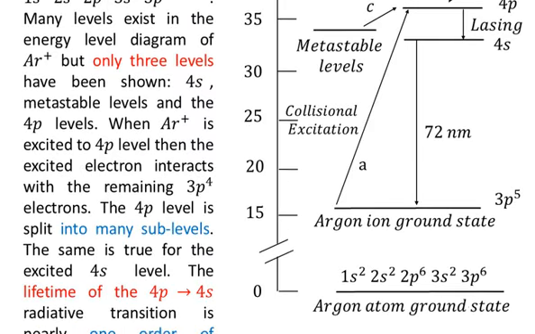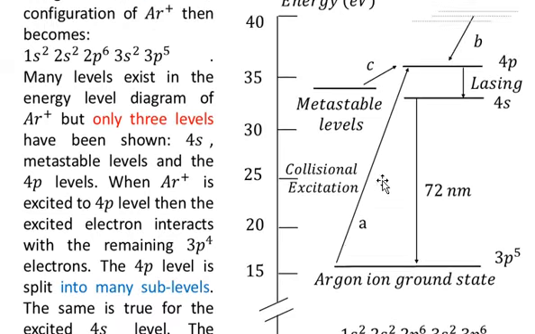One collision is that you have the argon atom, you ionize the argon atom, then you get argon ion. So this is one collision, that is from the ground state of the argon atom to the ground state of the argon ion. The second collision is that you raise the argon ion through the collisional process to the 4p level through the path A. So this is the second collision.